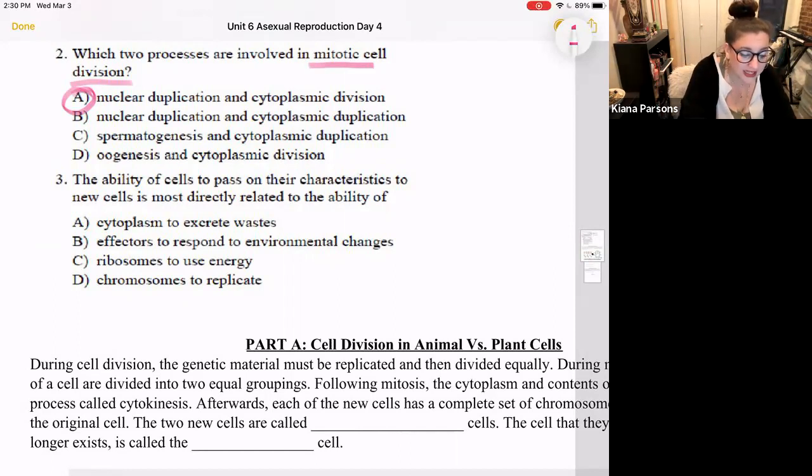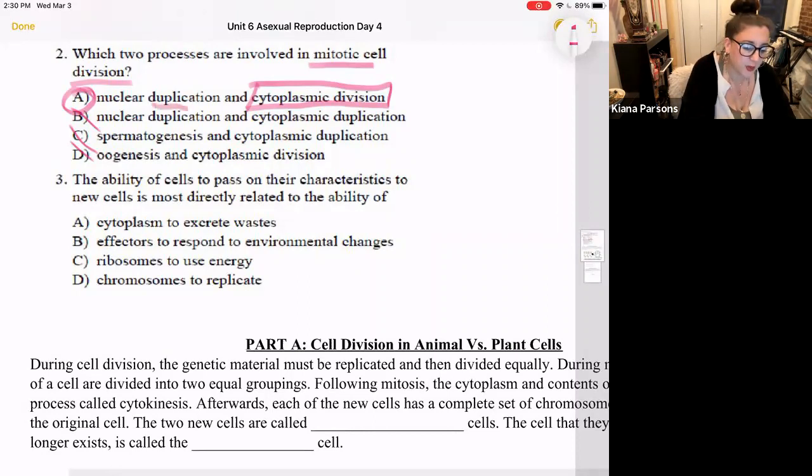And spermatogenesis is something that happens in sexual reproduction. That's the formation of sperm, and oogenesis is the formation of eggs. And this is just saying that the cytoplasm is also duplicating. That is not true. You might recognize this term cytoplasmic division from the reading on asexual reproduction, day 3.